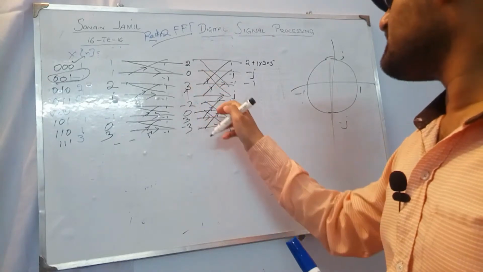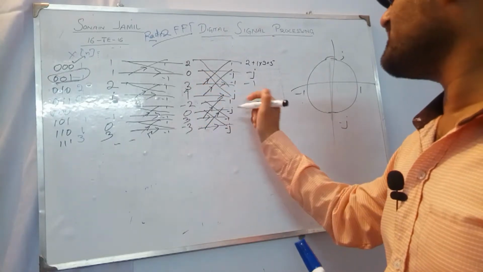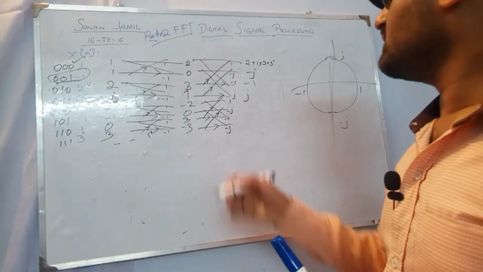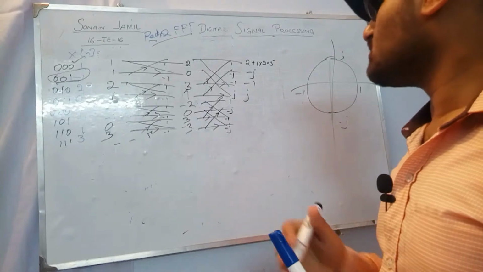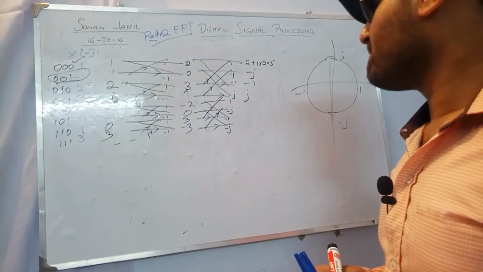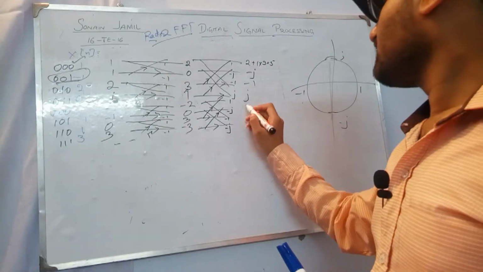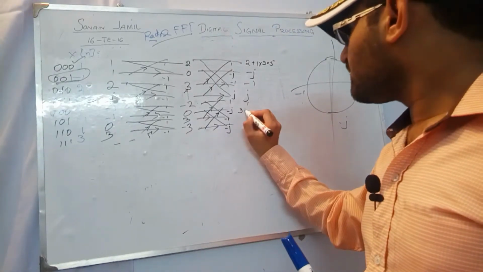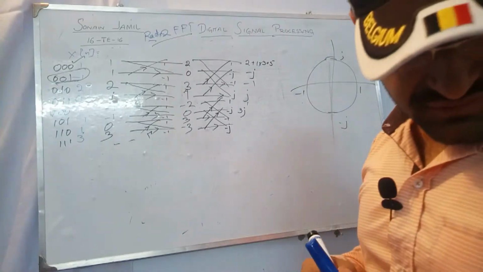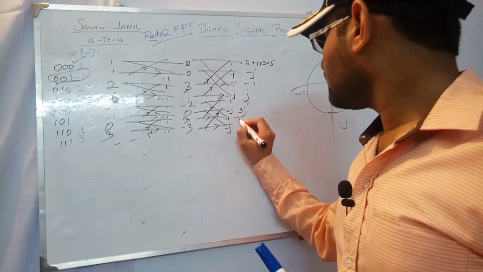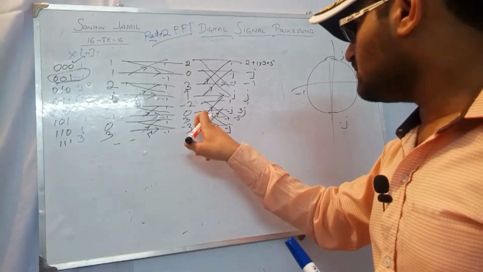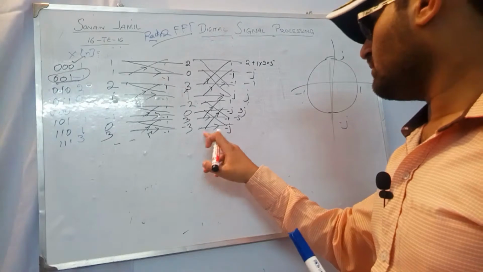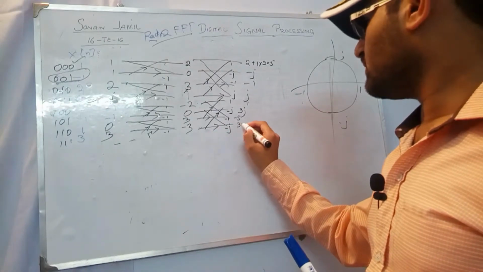In this case, 0 plus j. In this case, 2 minus 2, 1, 3j, minus 5, and in the last we have just 0, 3j.